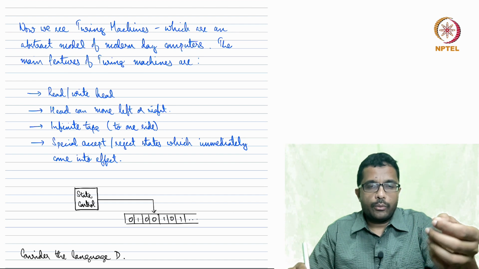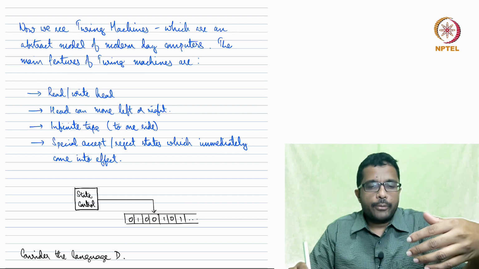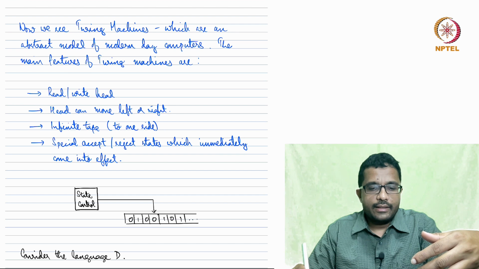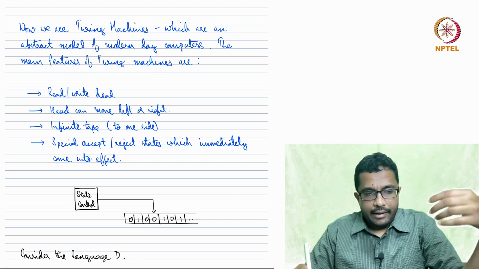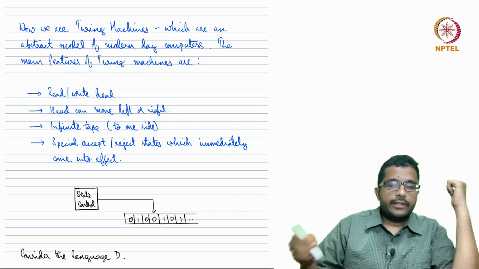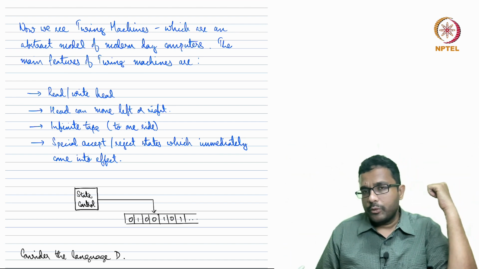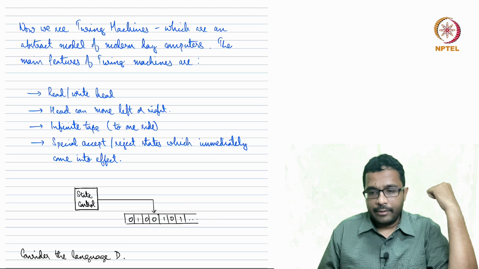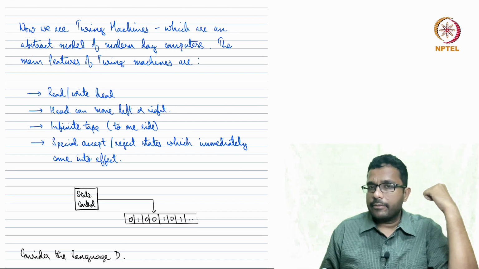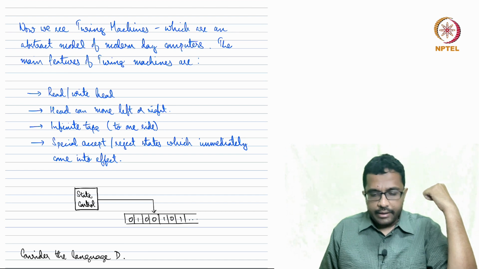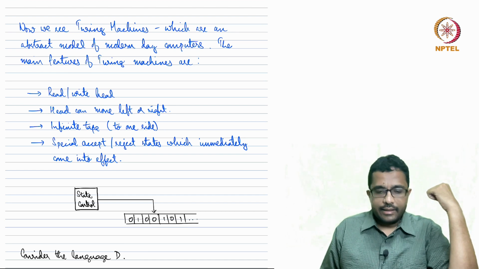If at the end we are in an accepting state, we accept that string. It doesn't matter if we happen to move to an accepting state at some intermediate point. All that counts is whether we are at an accepting state at the end of processing. However, in Turing machines, there is a difference.